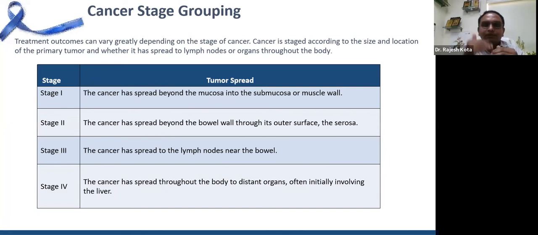For all other stages, that is stage 1, 2, 3, the earlier stages, our intention of treatment will be to cure the disease. Stage 4 is incurable technically. Most of the times we try to palliate or comfort the patient.